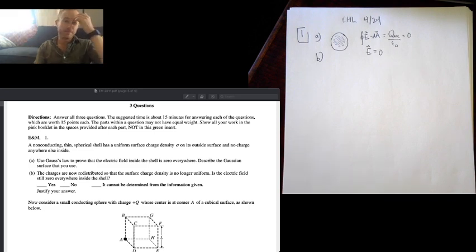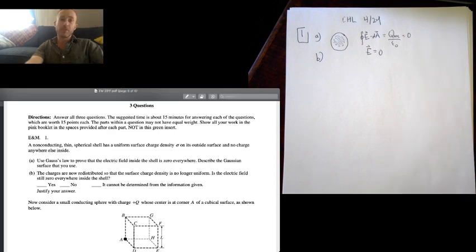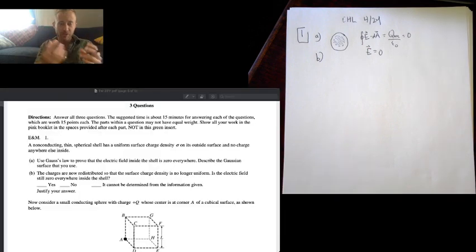If we have a conductor, we know that the charge is on the surface, and if we bring in an external charge, that's going to move the charge around the surface of the conductor. But since this is non-conducting, I'm assuming that you're literally taking the charges and moving them, and then they can't move back to where they would want to go. So I'm assuming that the reason the charge is redistributed is not because of some external source.